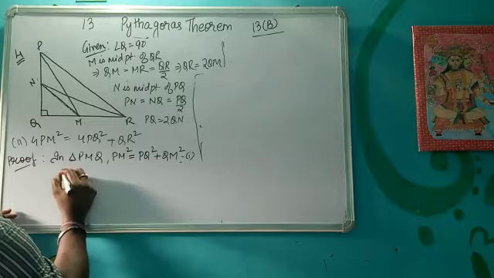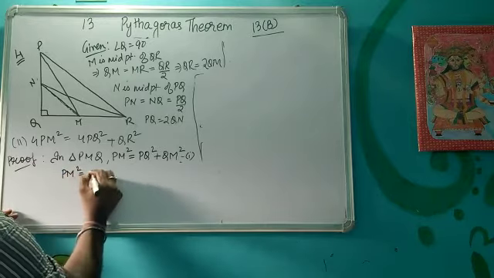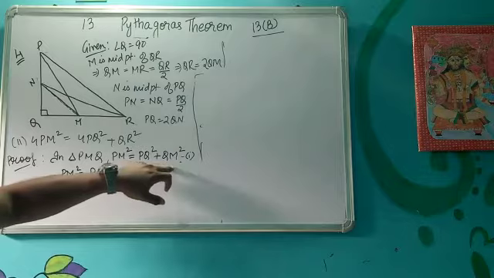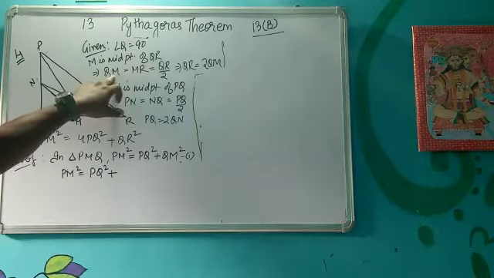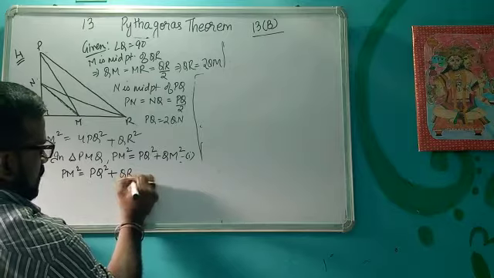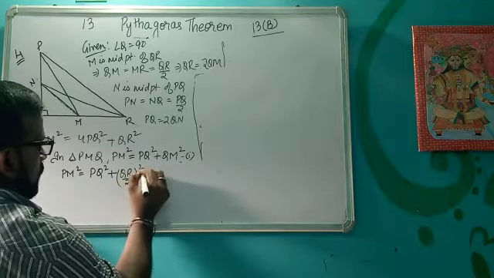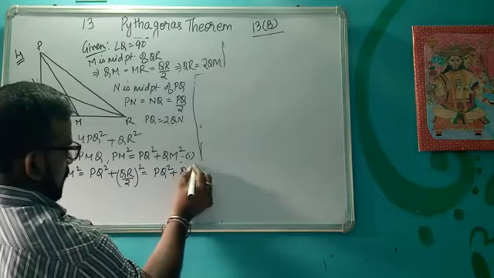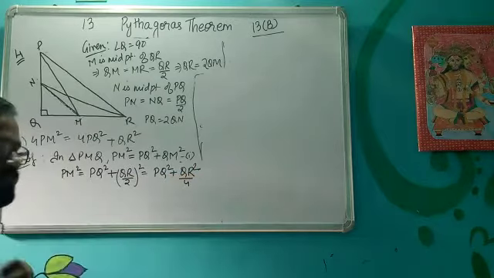Now PM square is equal to PQ square plus, if you see carefully what I have written, QM is equal to QR by 2, so here I will replace it by QR by 2 whole square, so it becomes QR square upon 4.